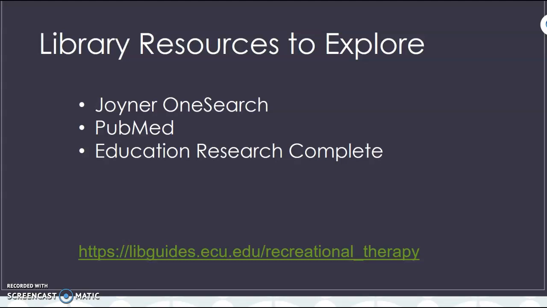You can probably all find something related to your topics there. As you get more specific and add additional keywords, you might want to look elsewhere as well. PubMed is a great option, and Education Research Complete. Those are both different databases, and I will show you how to access those in an upcoming screencast.